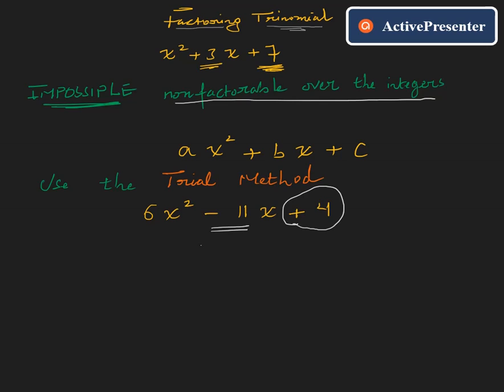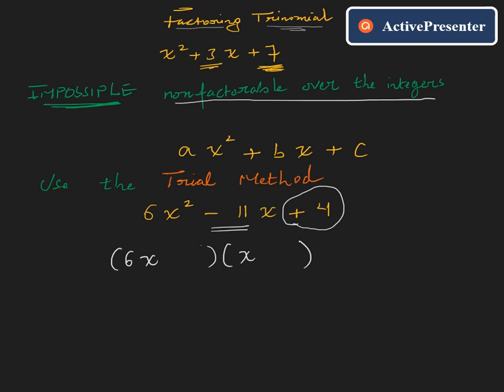Using the trial method, here we have 6x multiplied by x, and we will try. What are the numbers whose product is positive 4 and whose sum is negative 11?